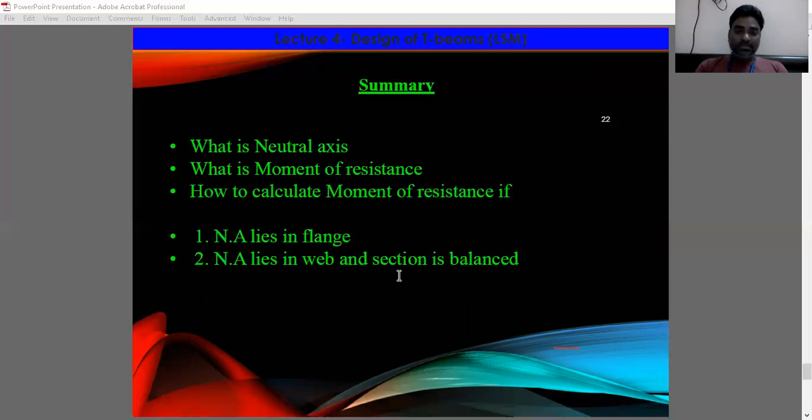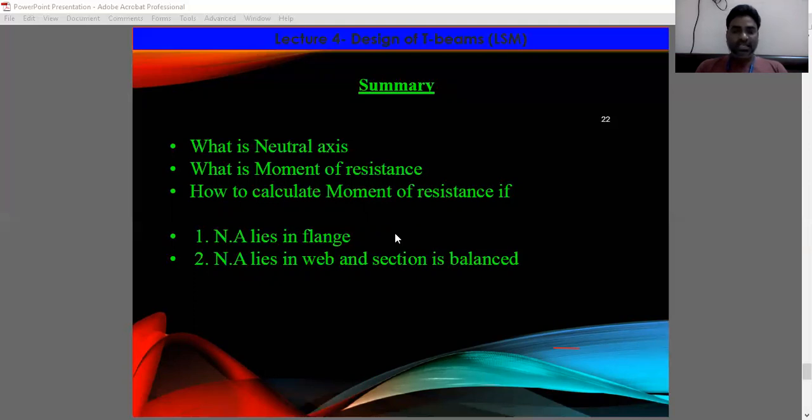Now coming to when the depth of neutral axis is within the web, then the stress distribution is different, right? So based upon stress distribution, it is classified again into two types. That is, if the Df by small d is less than or equal to 0.2, that means the stress within the flange is uniform, right?